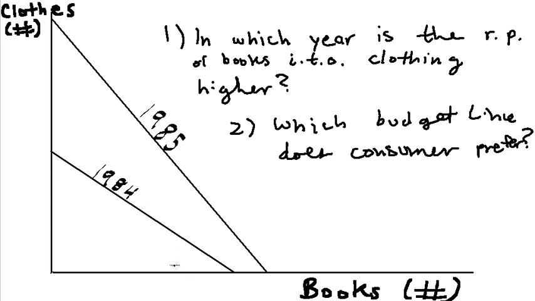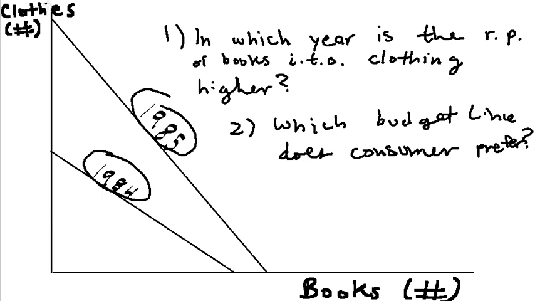So in order to figure out in which year the relative price of books in terms of clothing is higher, we simply need to figure out in which year the slope of the budget line has a greater absolute value. And that is obvious. In 1985, the budget line is sloped much steeper than in 1984. So to answer the first question, the relative price of books in terms of clothing is higher in 1985.